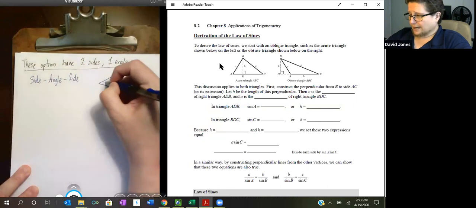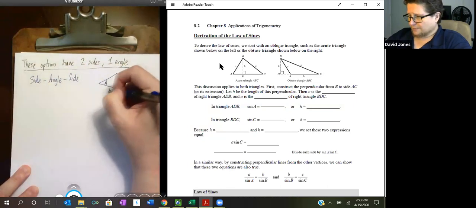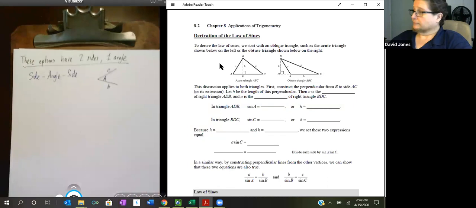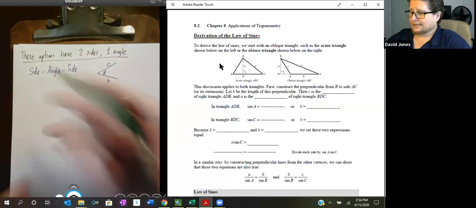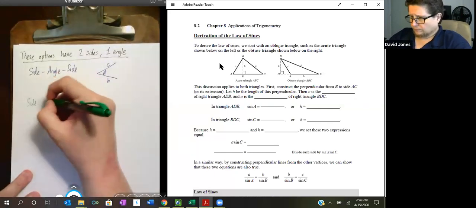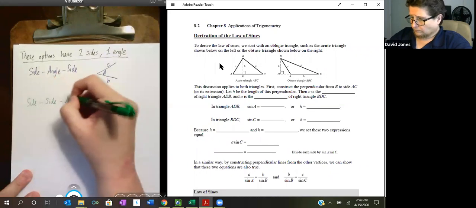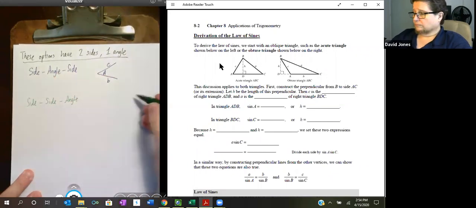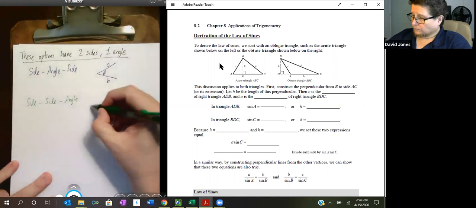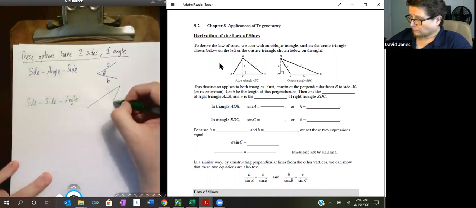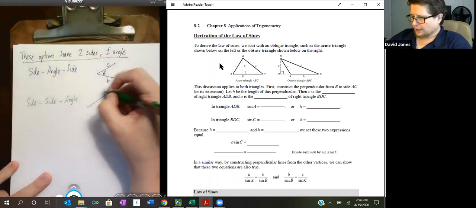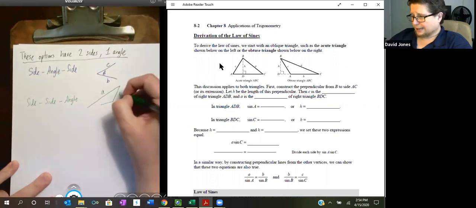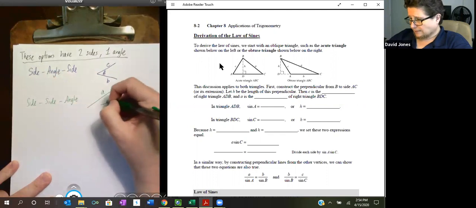We got angle A, maybe side B and side C are known. Or we could have side, side, angle.